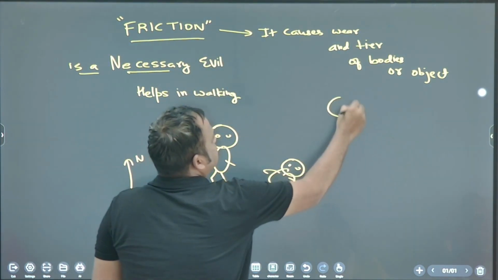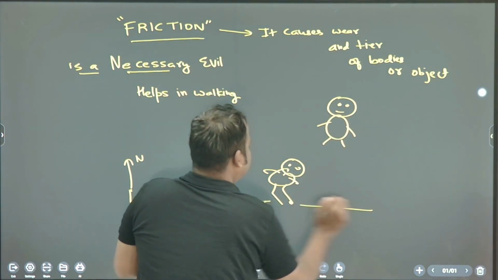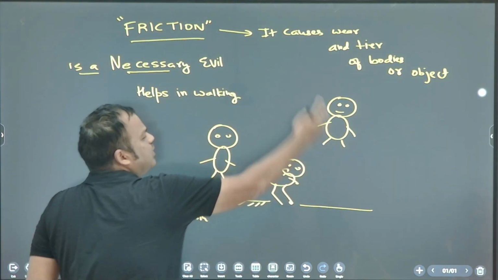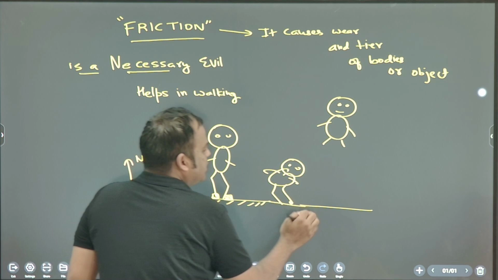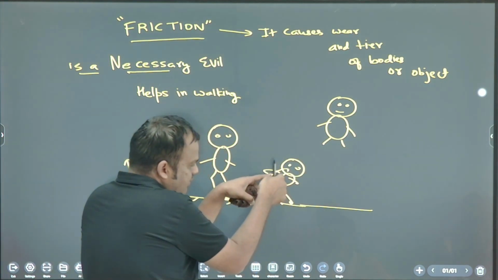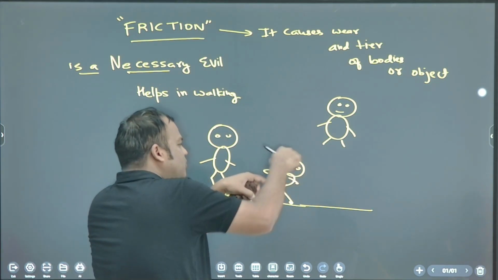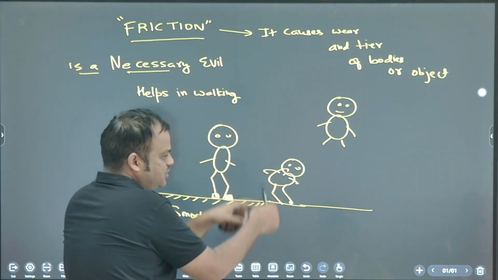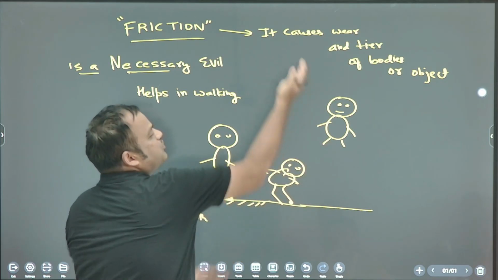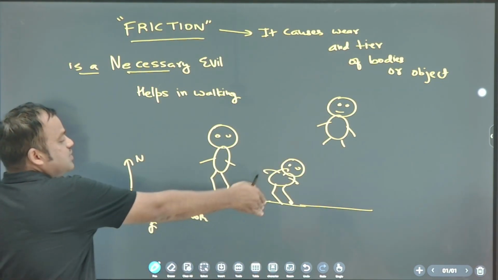Now it is in the air. So how is it getting force? It is getting normal force. It is using its own energy to push the ground downward. Understood? So the ground is pushing it upward. So this is how it jumps.